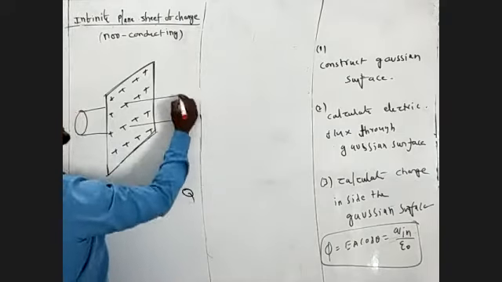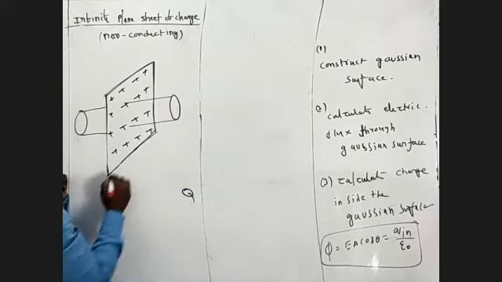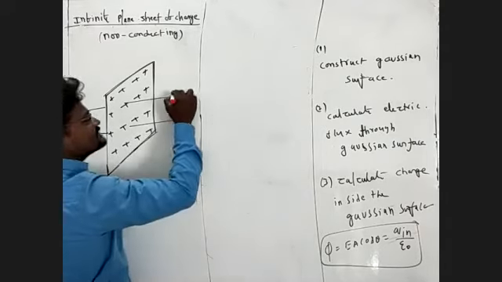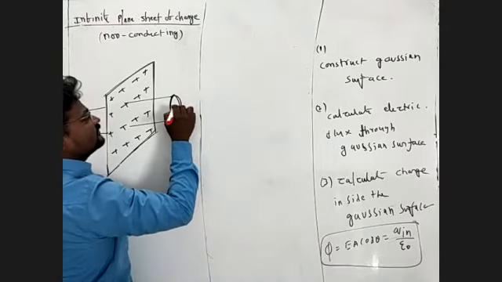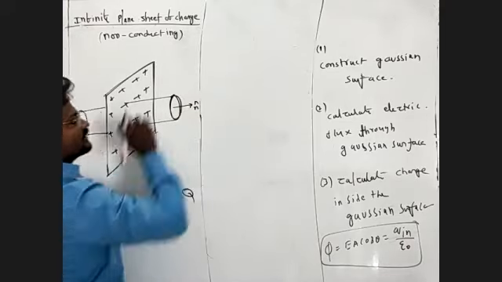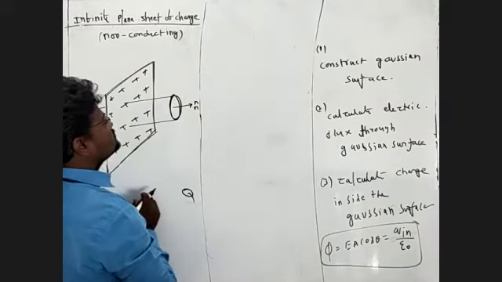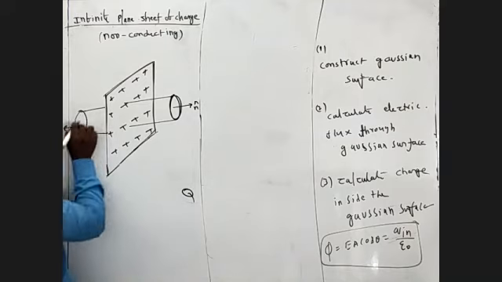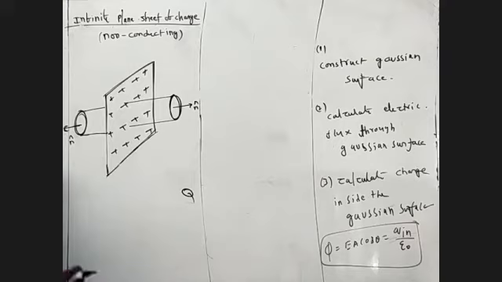Now you are seeing this Gaussian surface. This is a circle. What is the direction of the normal line? The area vector is in the outward direction. This is n cap, the normal line, which points outwards from the circle.